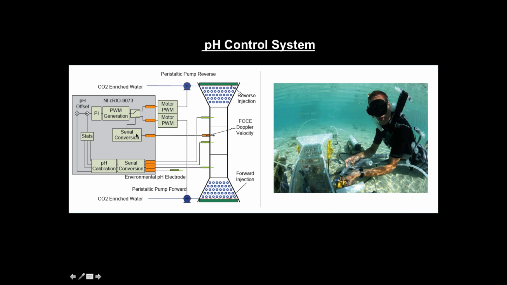That would tell the computers that if the pH measured was different than the desired offset, it would then turn on the dosing pumps in the direction of the flow, adding CO2-enriched seawater until the desired offset was reached. And our system was a feedback system, so it was constantly taking measurements and turning the pumps on and off to get the right amount of CO2 addition to produce future predicted CO2 levels.